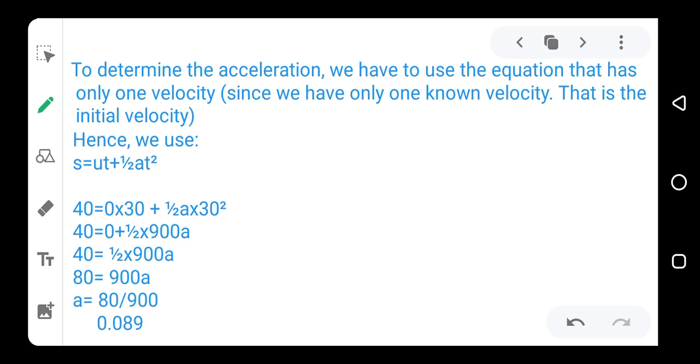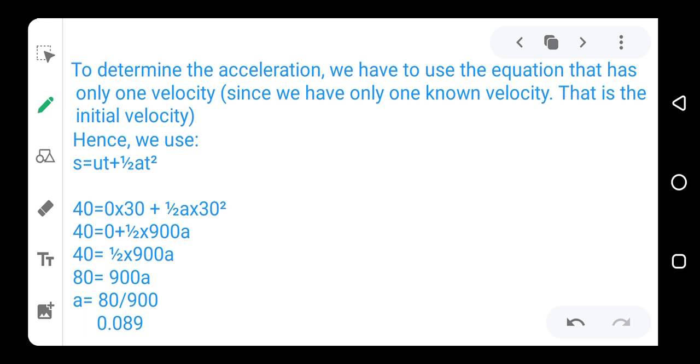If we put in all the parameters given, 40, which is distance, is equal to u, which is 0, times t, which is 30, plus half a times t, which is 30 squared.